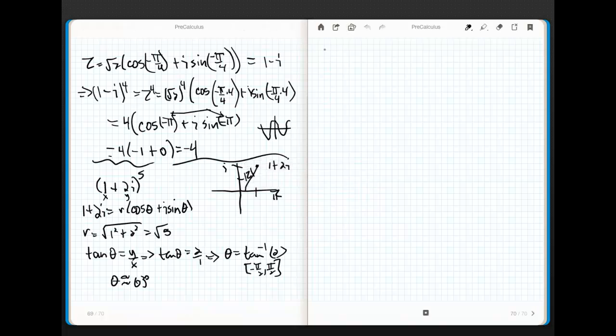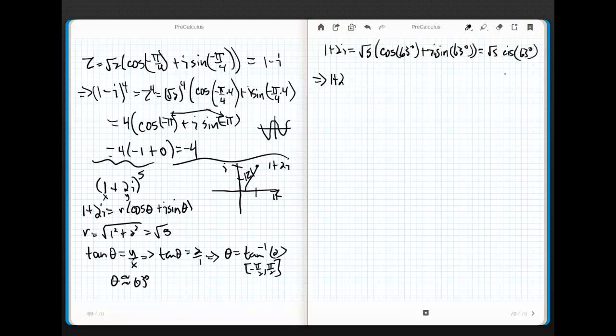I know that 1 plus 2i can be written as the square root of 5 times the cosine of 63 degrees plus i sine of 63 degrees, right? Remember that little move we did? Here's the coolest part. If you want to get fancy, I could write this as root 5 cis 63 degrees.